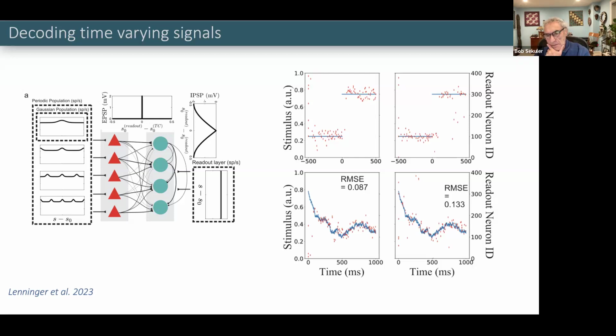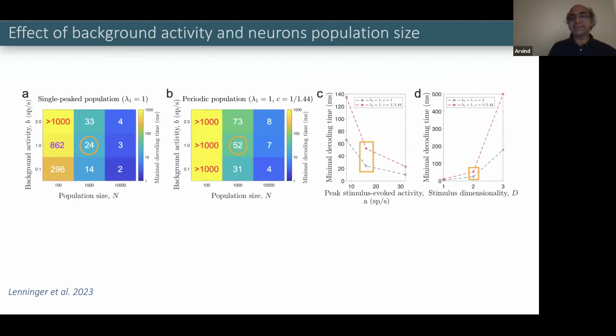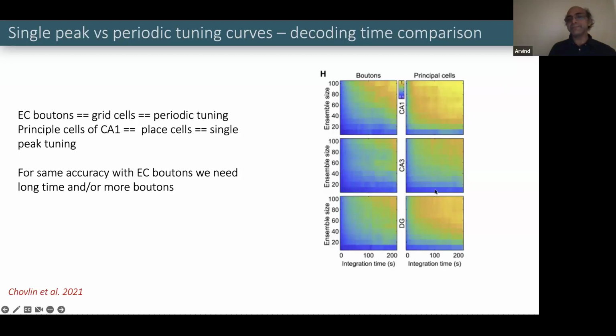So it's very difficult to construct an experiment. But if we could do one, then I would say that if you compare place cells versus grid cells, you would decode better at shorter time intervals with place cells than grid cells. And that's what this data suggested as well.